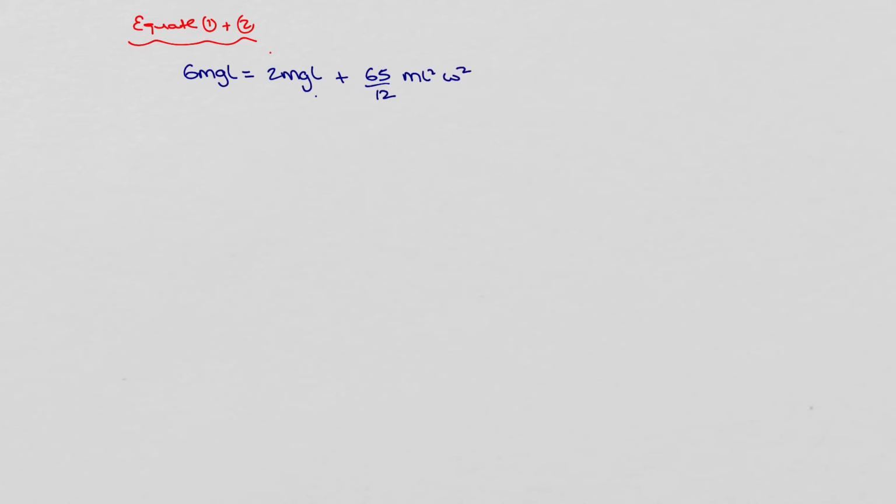By bringing everything to one side, we see the m is gone, and one L is gone. So that's 65 over 12 L omega squared is equal to 6g minus 2g, which is 4g.